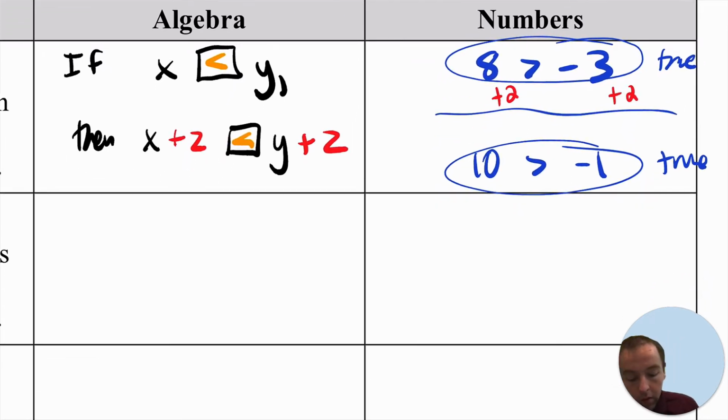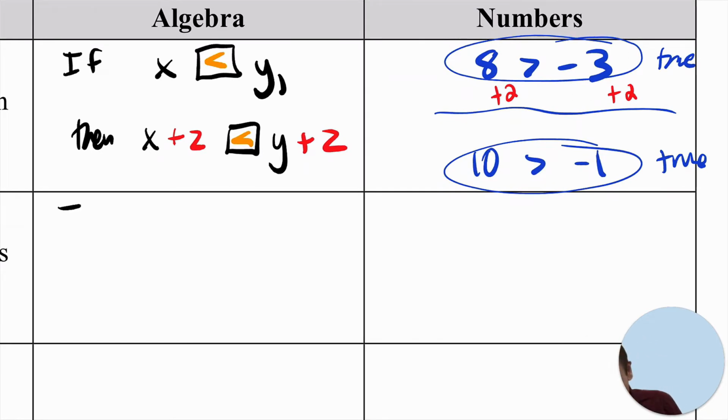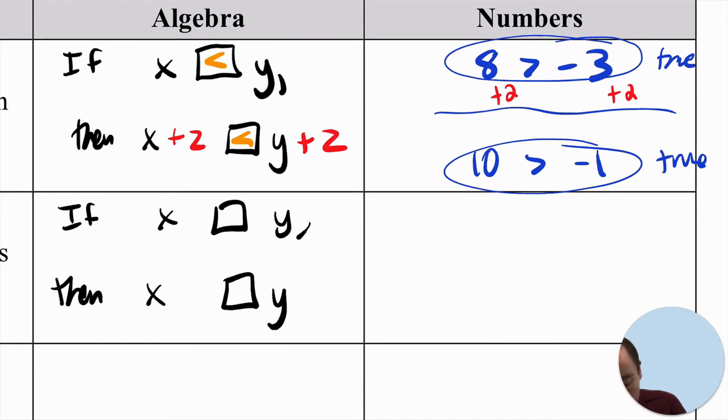The same thing holds in subtraction. If you know that x is compared to y somehow, then it will also be true that when you take some number that we'll call z again and subtract z from both sides, that inequality is still going to hold. If it was a greater than or equal to to begin with, then the greater than or equal to comparison would still be true between the two quantities.